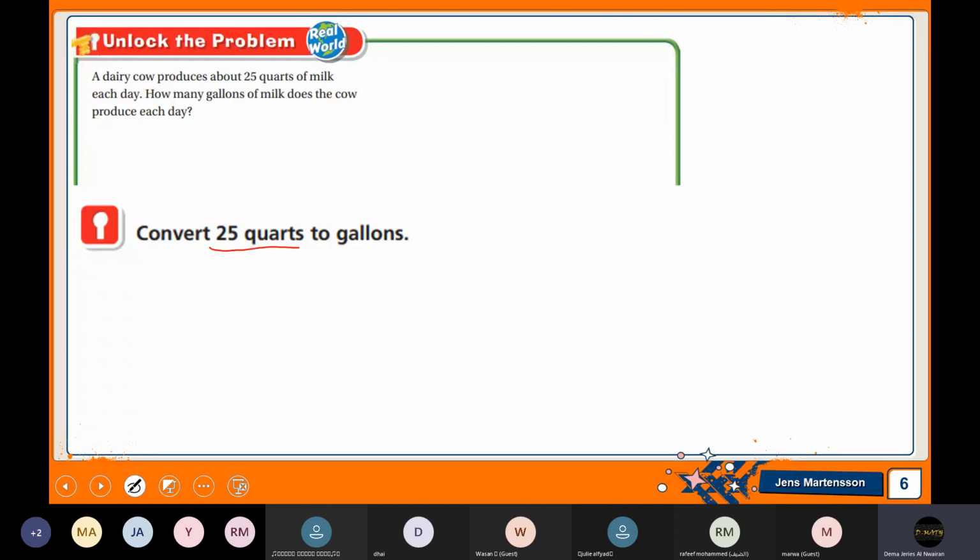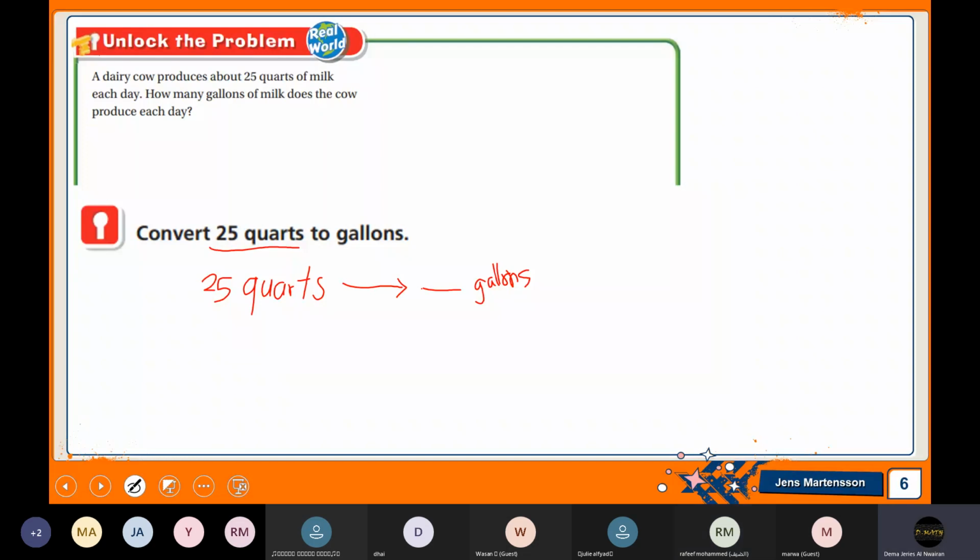They asked me to convert the quarts to gallons. So you will say 25 quarts, how many gallons? This is the question. In order to find how many gallons, I need a conversion factor.